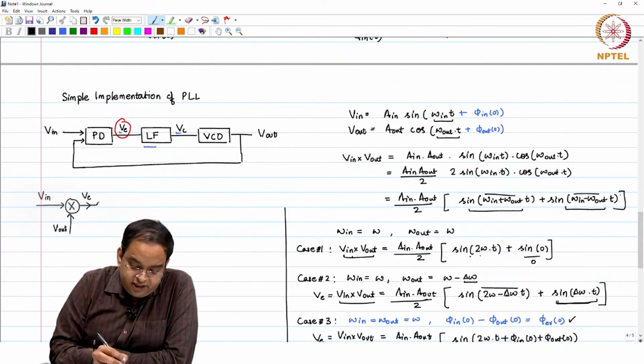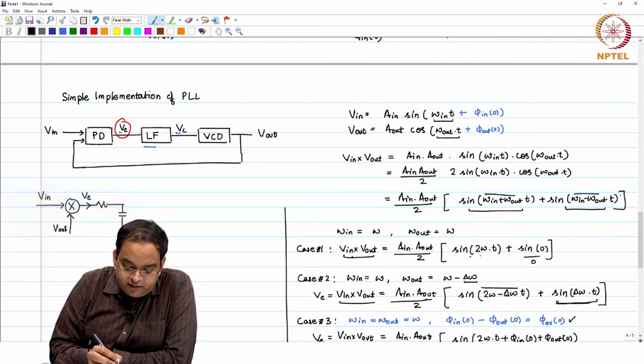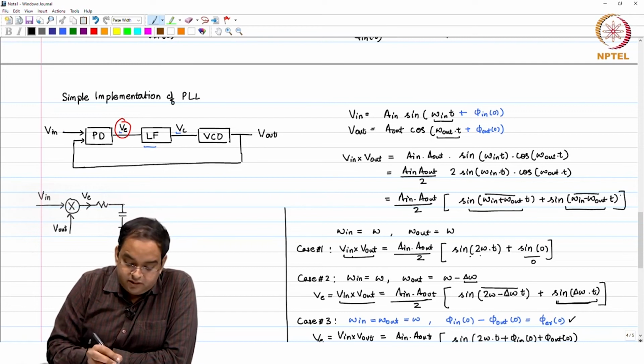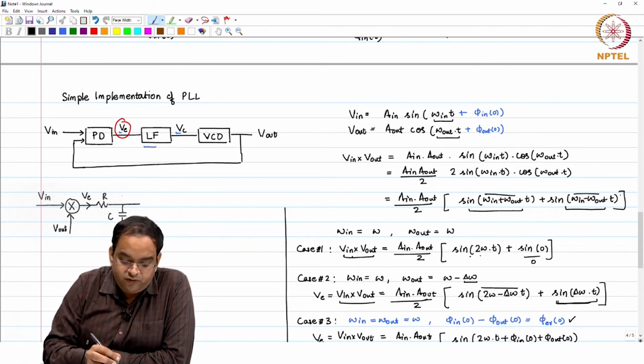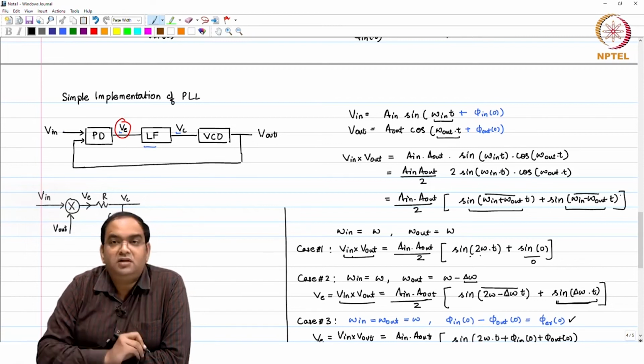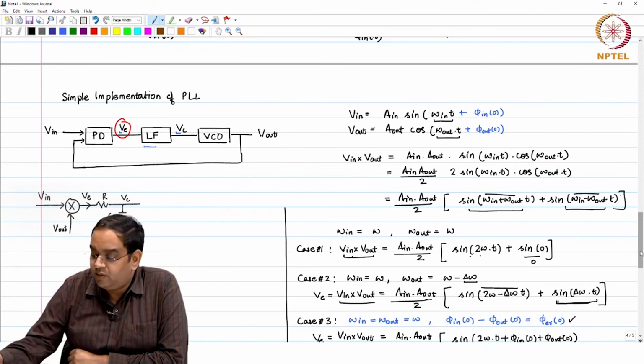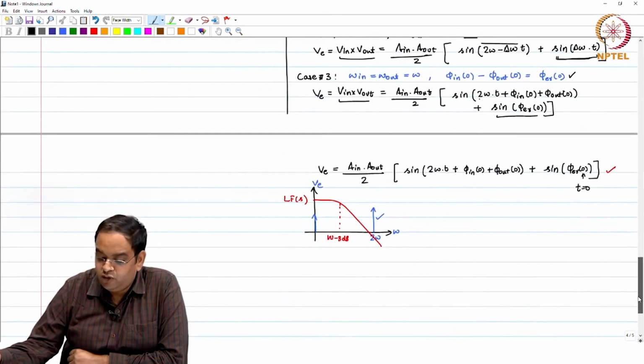So, a simple substitution for the loop filter is a simple RC filter here. This particular RC filter is going to filter the 2 omega component and give you the control voltage.